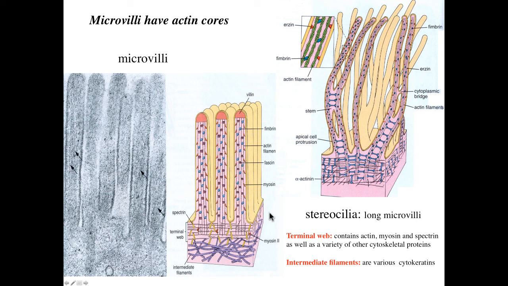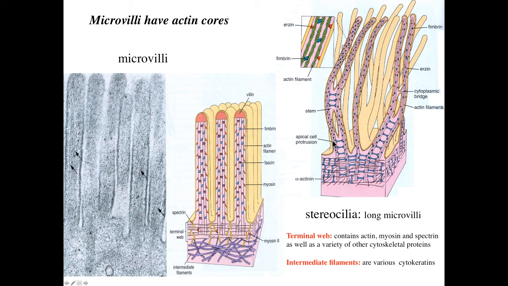So we can say the terminal web contains actin, it contains myosin, spectrin, and a variety of other cytoskeletal proteins, and then these cytoskeletal proteins in the terminal web will interact with intermediate filament proteins, various cytokeratins, and we'll talk about this in more detail as we talk about cytoskeleton.